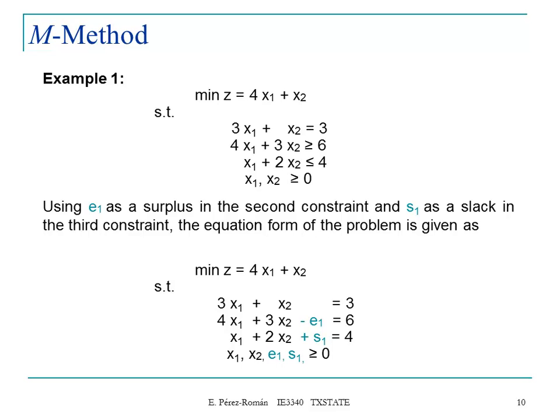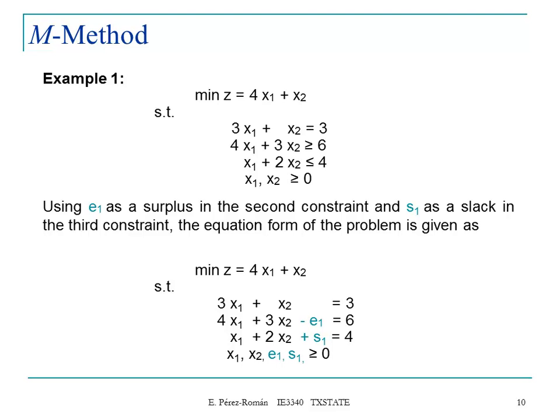So, using e1 as a surplus in the second constraint and s1 as a slack in the third constraint, the equation form of the problem is given as this. The first constraint is already an equality, so we don't have to do anything with that one.